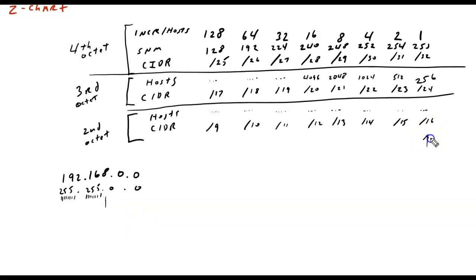Right at the end of the second octet, you'll see this /16. Or if you wish to look at it another way, you'll also see that we have a 255 in the second octet up here, and sure enough we have a 255 here. So right now we're working at this level.